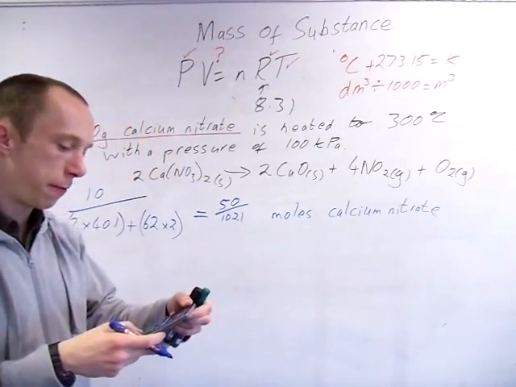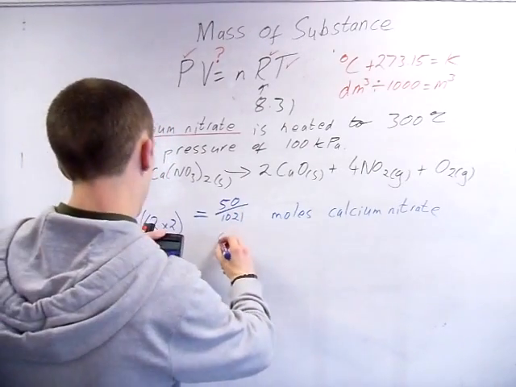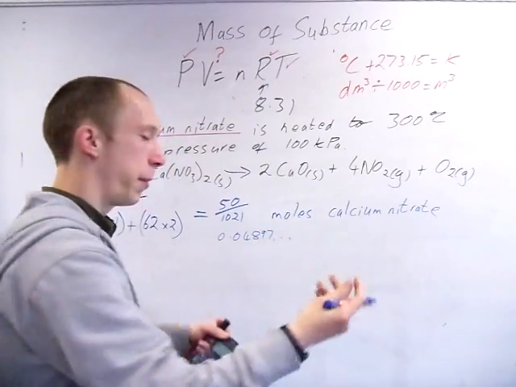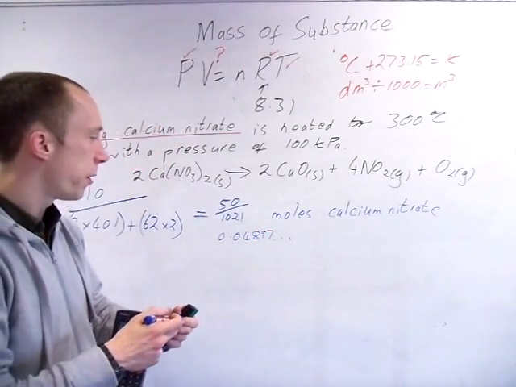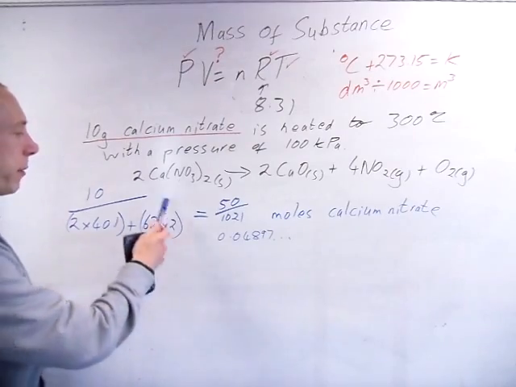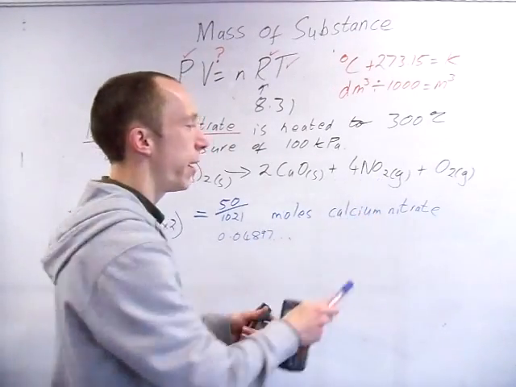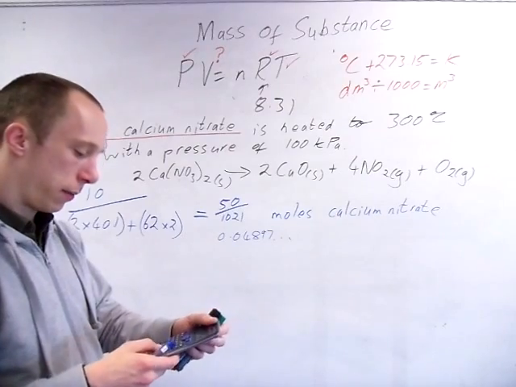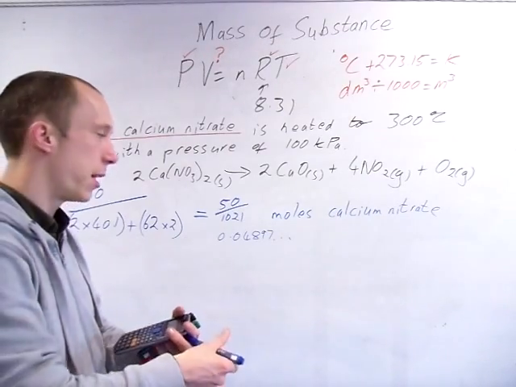So that's it as a fraction or 0. if you prefer decimals. So once we've got that, like I said, we're effectively going to be dividing by 2, timesing by 4 to get the moles of the nitrogen dioxide there.